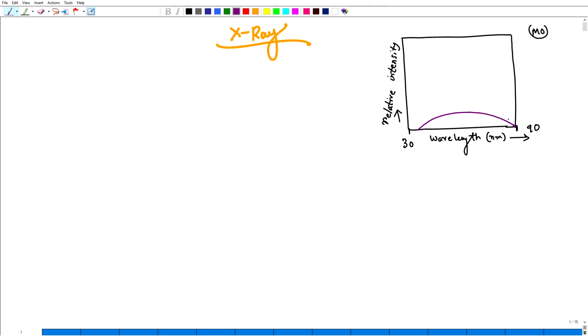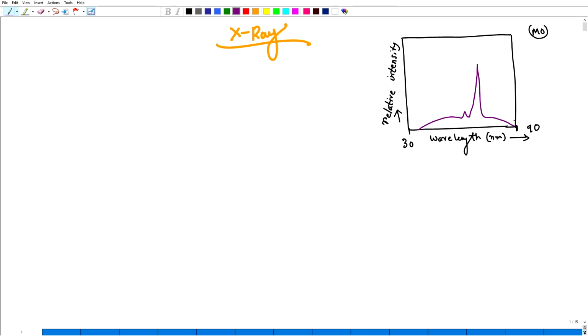you can see this is the continuous part, and there are two characteristic peaks. One is obtained around 60 nanometers, like this, and another one like this. If you superimpose these two spectra, then we can visualize the spectrum like this.